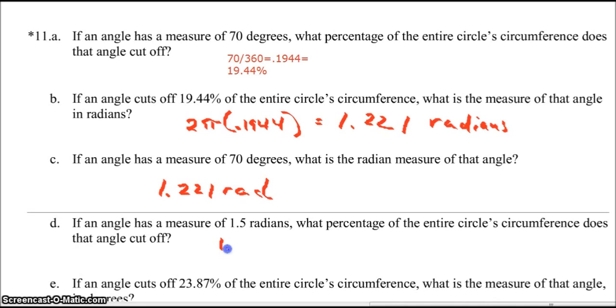Well, that would be 1.5 divided by 2 pi, which is 23.87%.